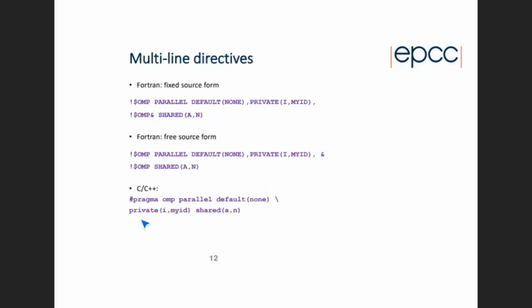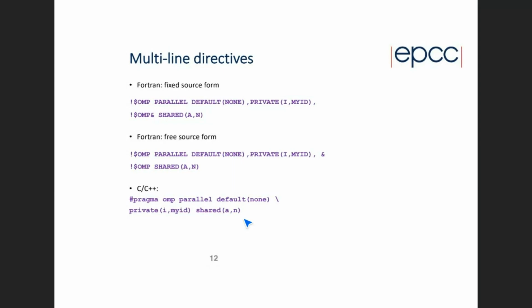In C or C++, it's just the usual way of carrying on preprocessor directives: a backslash at the end of the line, and then just carry on with the rest of the directive on the following line. The gotcha to be aware of here is that the backslash has to be the last character on the line. If you have any trailing white space after the backslash, then this will probably cause a compiler error.